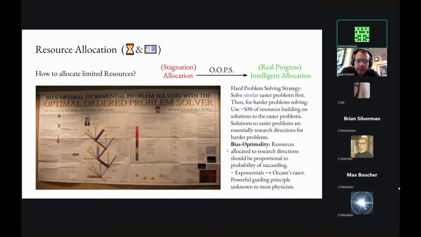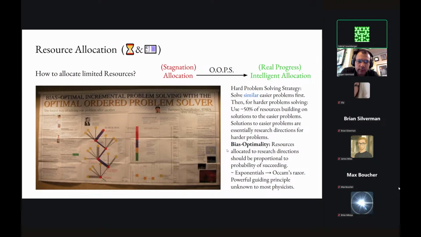And per sub-problem, the amount of resources you should allocate to each of the solutions to the sub-problem should be roughly proportional to the probability that it will succeed. That's Bayes optimality, or the probability that it will give you some useful insights.